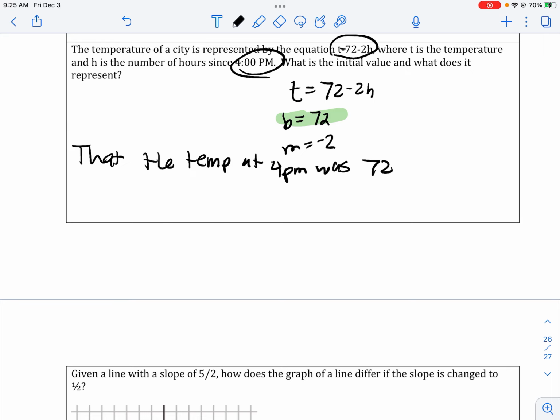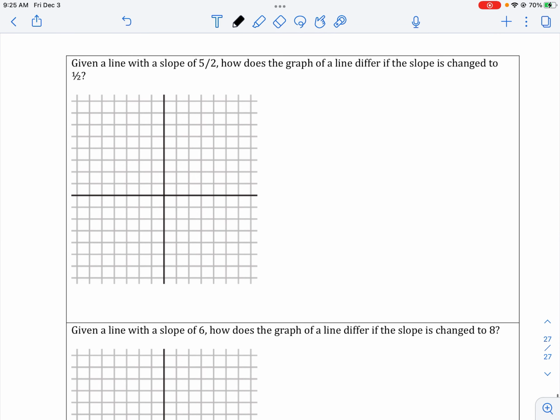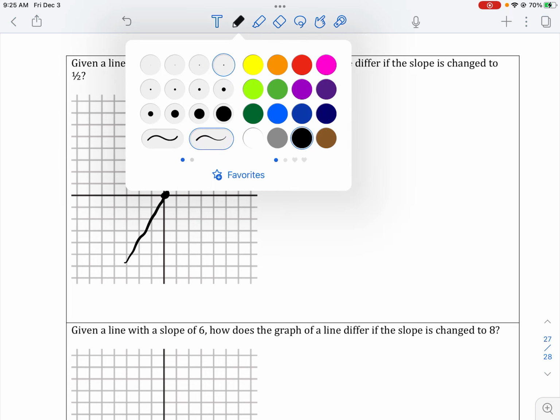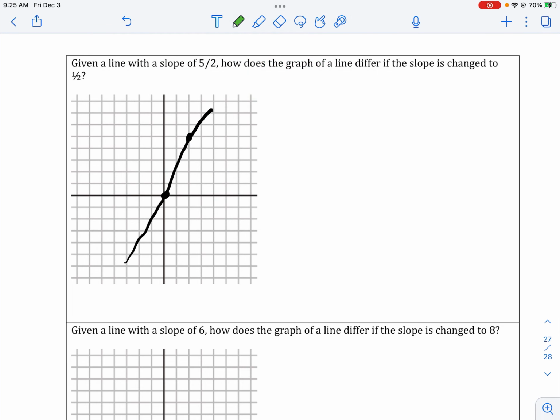So given a line with a slope of 5 over 2, so let's make a line, 1, 2, 3, 4, 5, 1, 2. There's my line with a slope of 5 over 2. How does the graph of a line differ if the slope is changed to 1/2? So let's change the slope of that graph to 1/2.